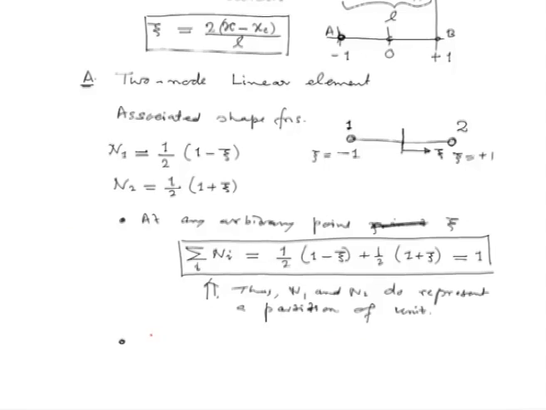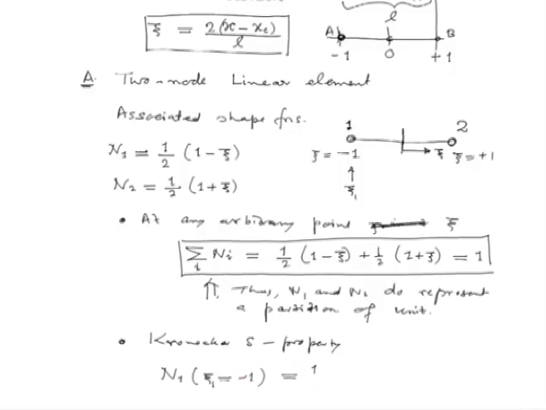Similarly, can you verify the Kronecker delta property? Let us see what happens. N1 at, let us call the coordinates of node 1 as xi_1, N1 at xi_1, where xi_1 is minus 1.